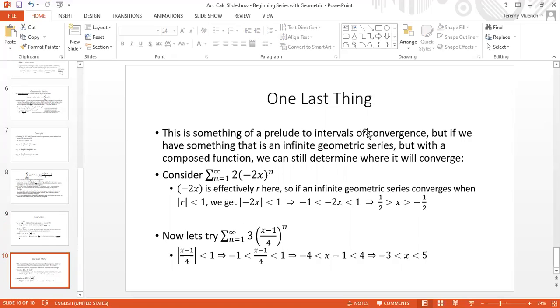So here, what we could do is, if we have something that's clearly an infinite geometric series, but it's got a composed function, we can still determine in terms of the variable of our function where it will converge.